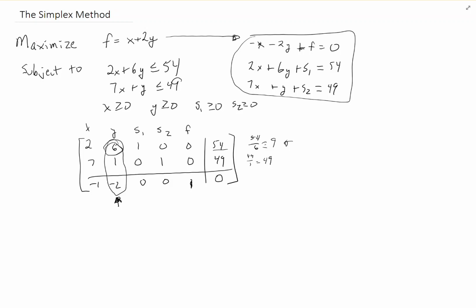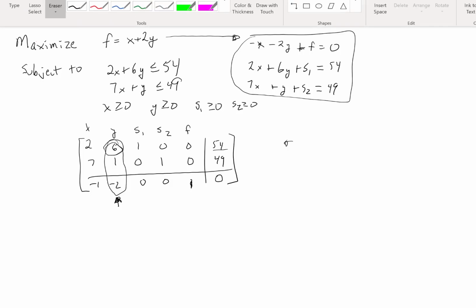So I want to turn the 6 into a 1, and then I want to make everything else in that column zeros. I'm going to use row operations to do that. I am going to erase my little calculations over here because I don't need those anymore. They were just to get me started.